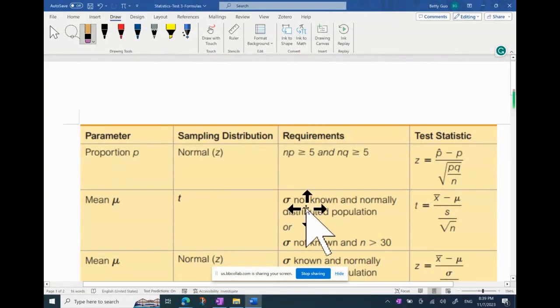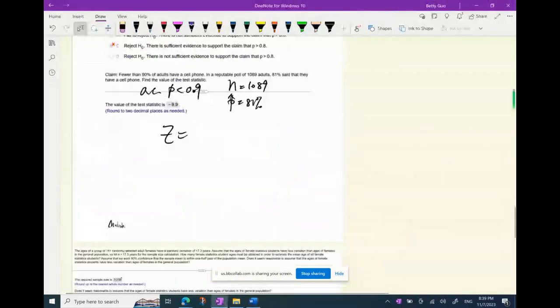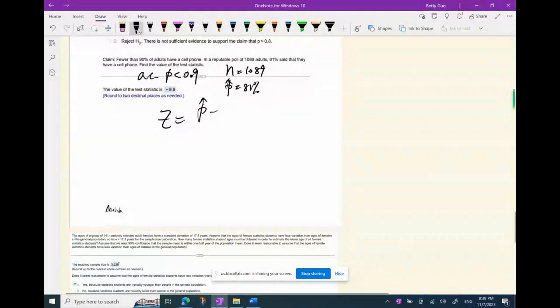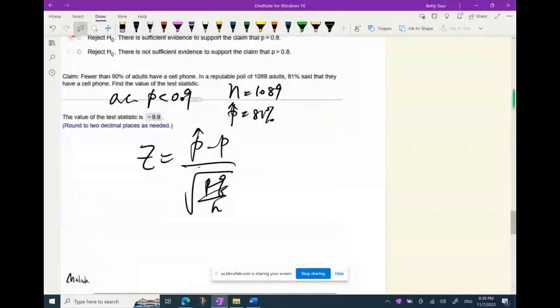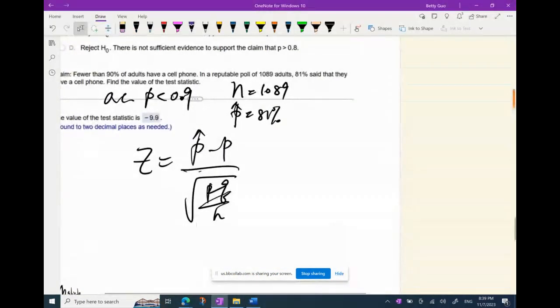Proportion: P hat minus P over the square root of PQ over N. So let's plug in the values.